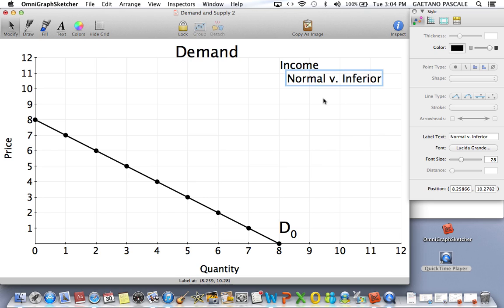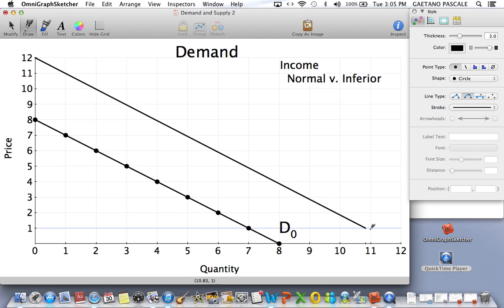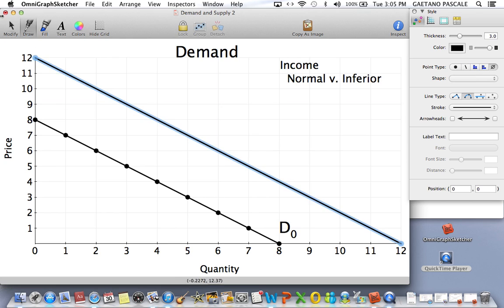A normal good is something where demand increases when income increases. So when income goes up, demand goes up. For example, if I said there was an increase in income for a normal good, what happens to the demand curve? If this is your original demand curve, your new demand curve should look something like that.